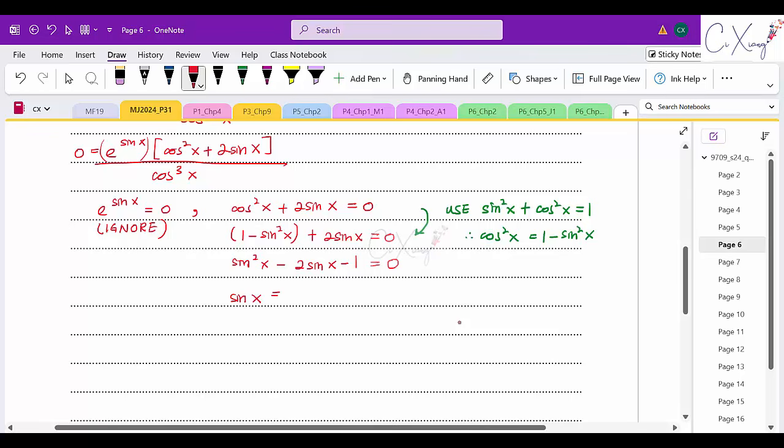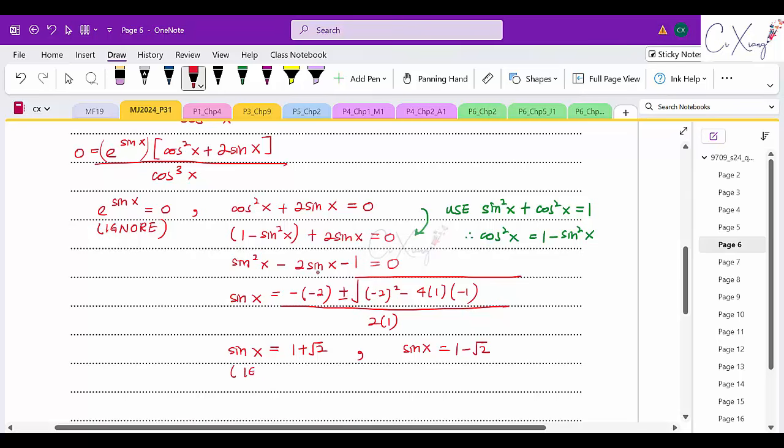So I'm having negative b, your b is negative 2, plus minus square root b square plus 4ac, then divided by 2a. Okay, then you press the calculator, you have two values for sine x. The first one is 1 plus root 2. Another one is sine x equals to 1 minus root 2.